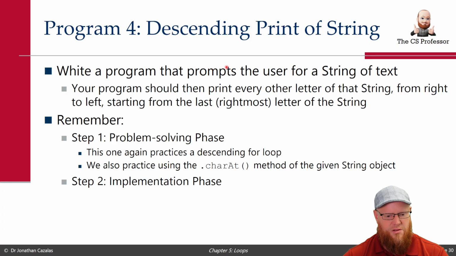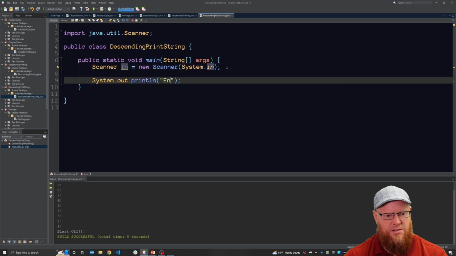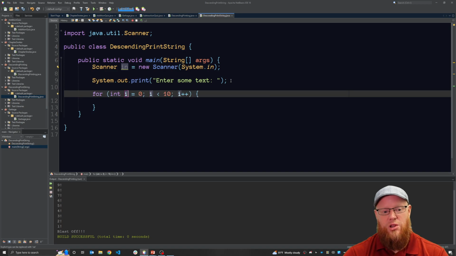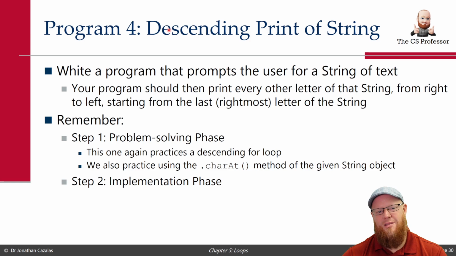After we import, we need to prompt the user. Let's just say enter some text. Maybe the user doesn't know the word string. All right, enter some text, and now we need to just loop over what? You might be thinking the length of that text, but since I want to start by printing, let's say this word descending, I want to start by printing the G, and then I'm going to loop down.